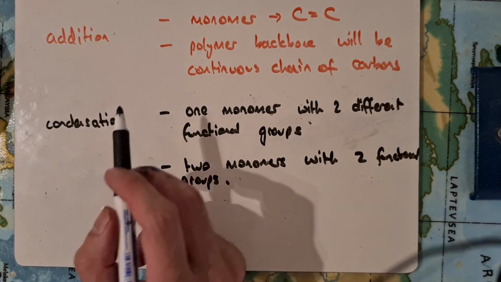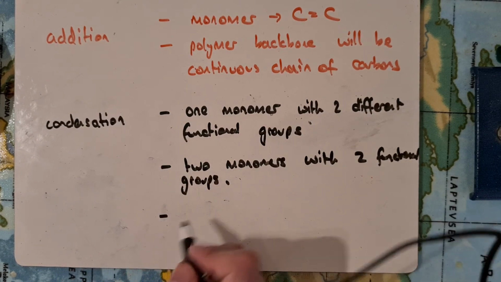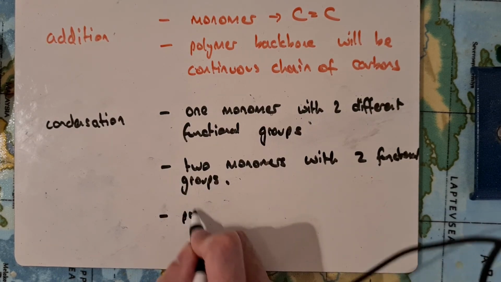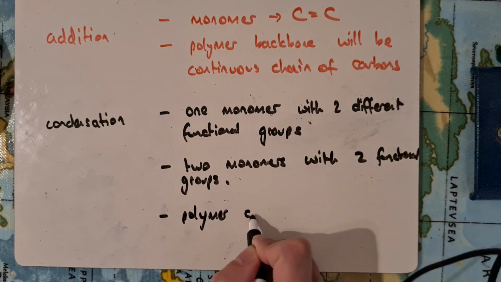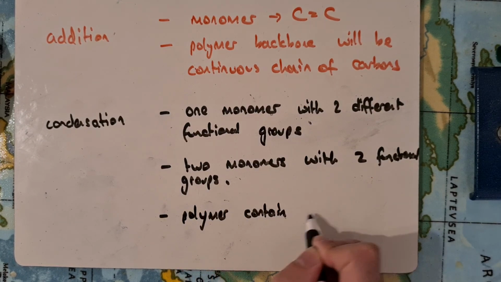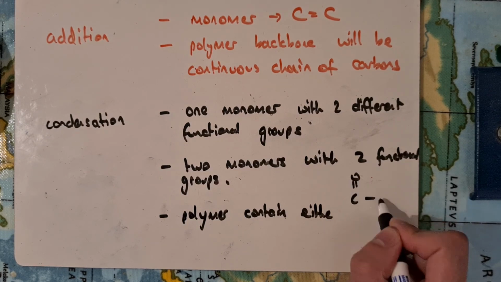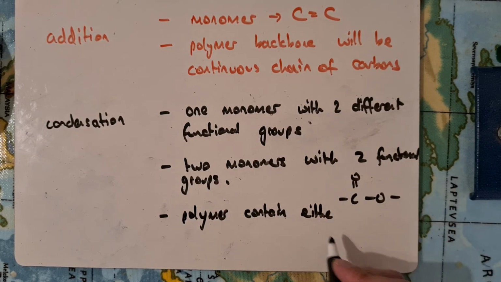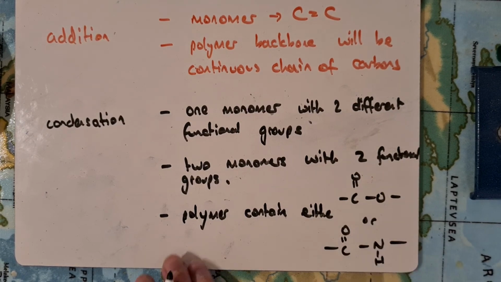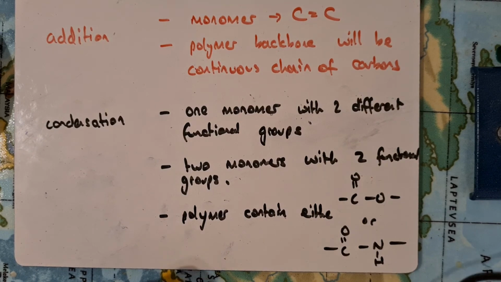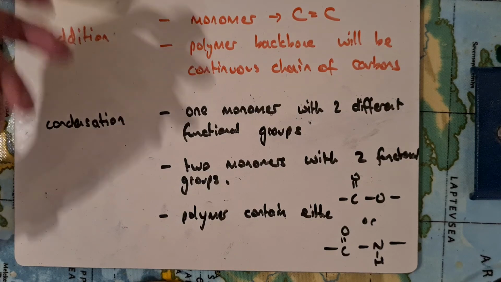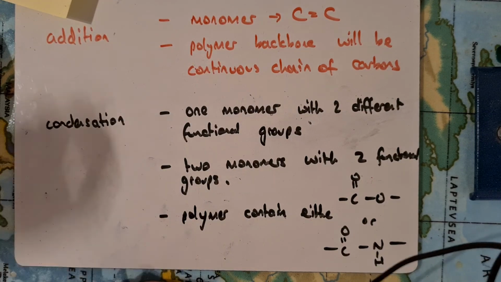And you saw that in the second example. The polymer will contain either the ester bond or the amide bond. So either of those two will be in there. And that is page 15.